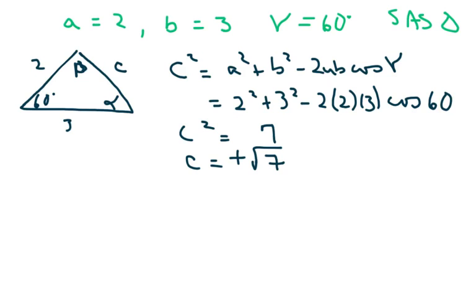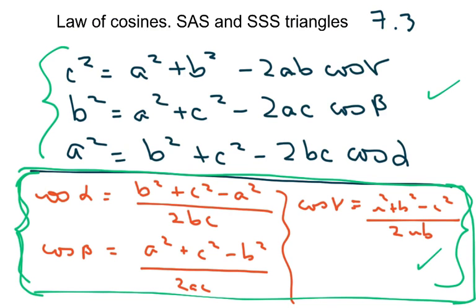Now, to find alpha, instead of using the original formulas they gave us, I'm going to use this one right here. It's very straightforward, and then we'll take the inverse.